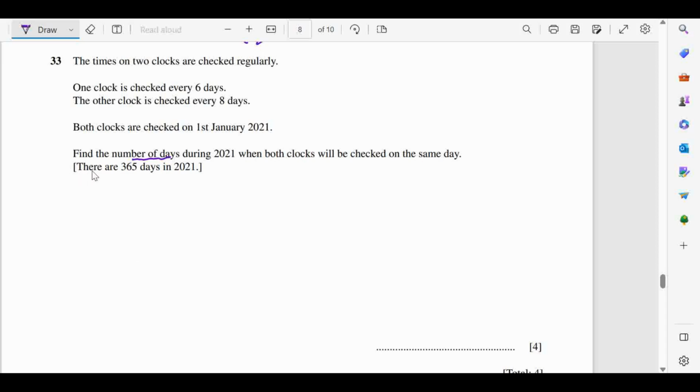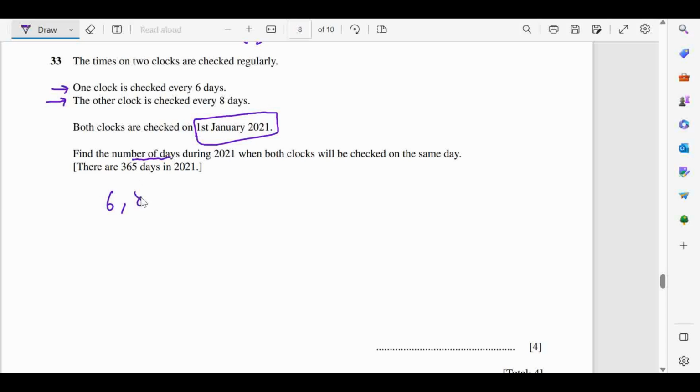Okay, now there are 365 days, but this is very important information. We need to consider that the first check on both clocks was made on 1st January 2021, and we check the first clock every 6 days and the other clock every 8 days.